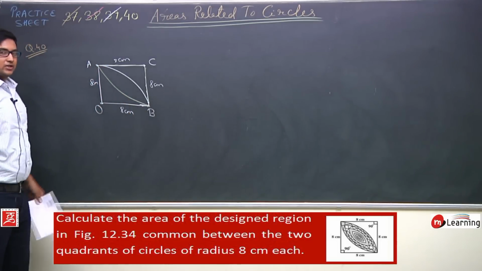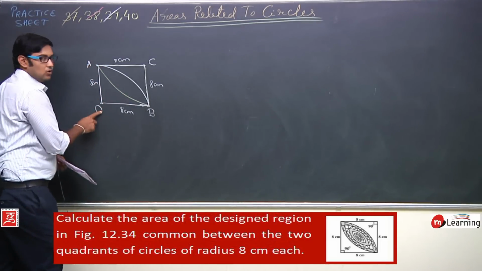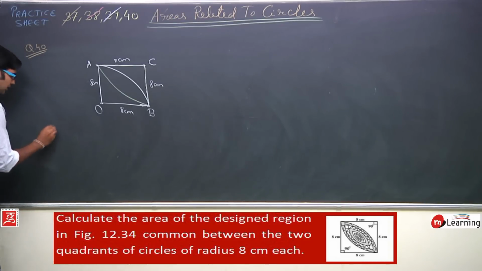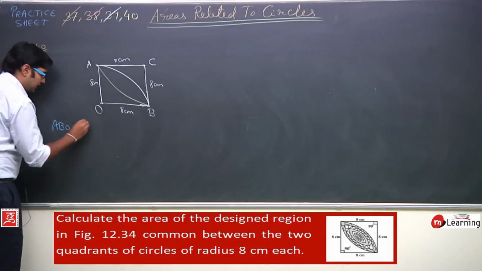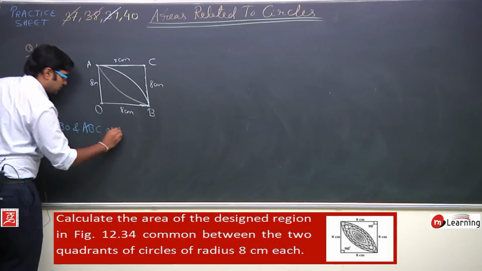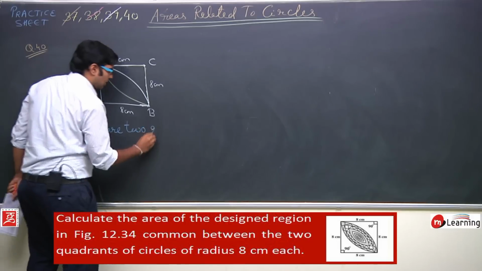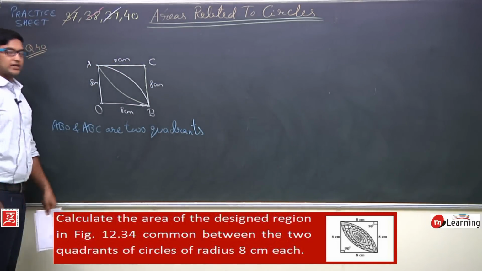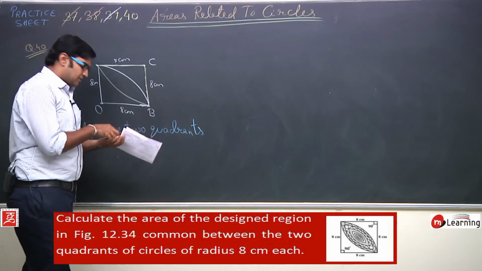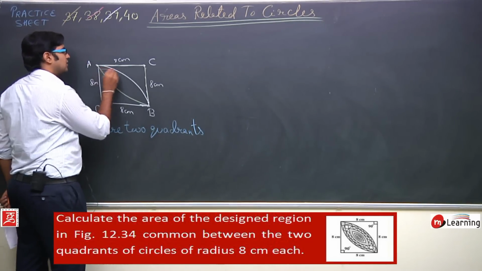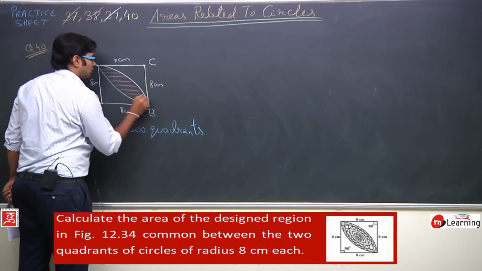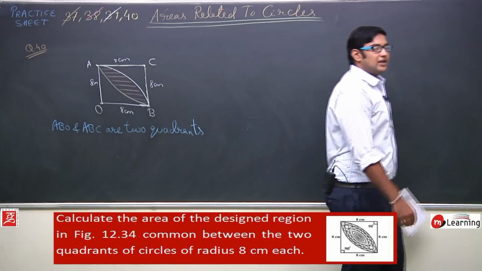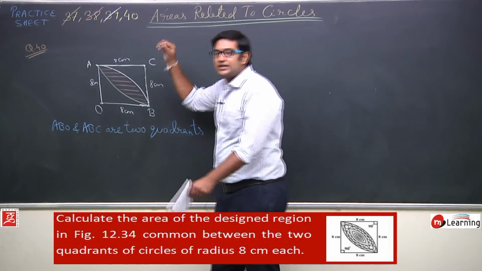So there are two different quadrants: ABO and ABC. The common area between these two quadrants is this one, on which I have made some design. So I need to calculate the area of this designed region.